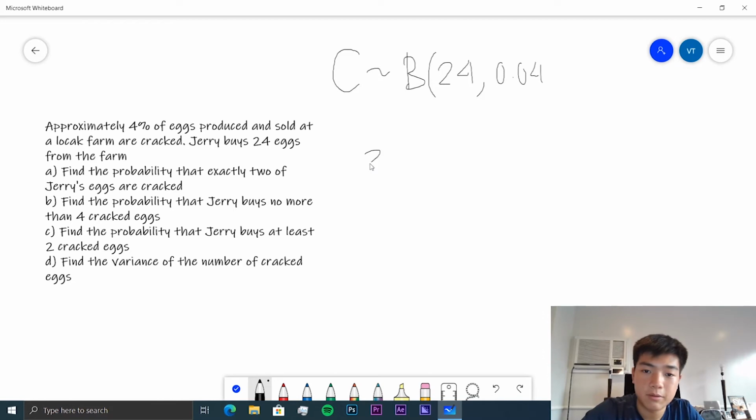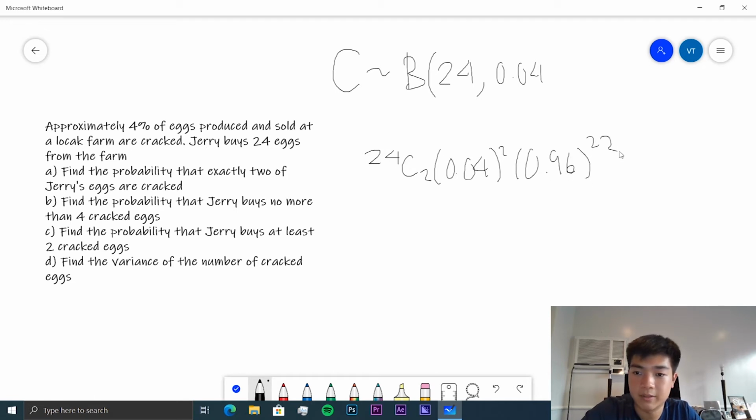That's going to be 24 choose 2 times 0.04 squared times 0.96 to the power of 22, which I get as around 0.180.